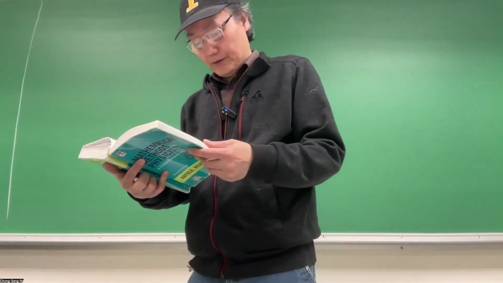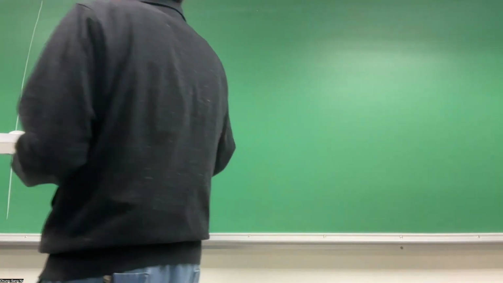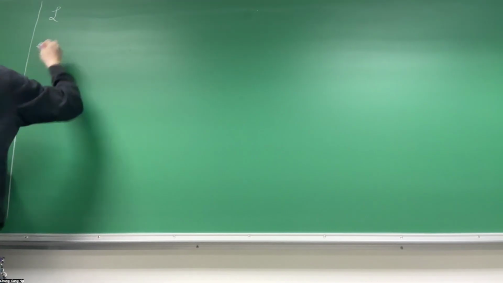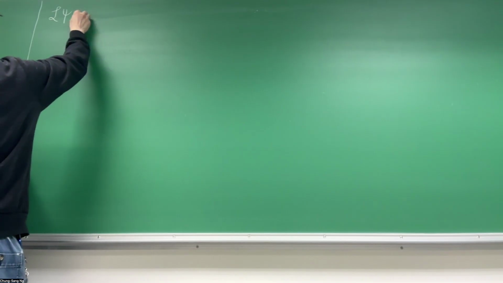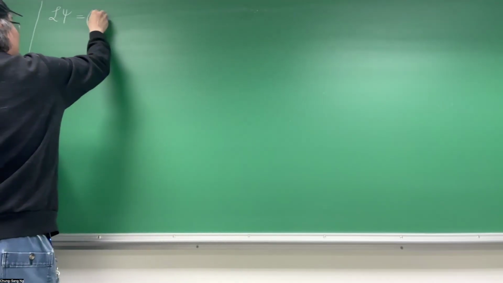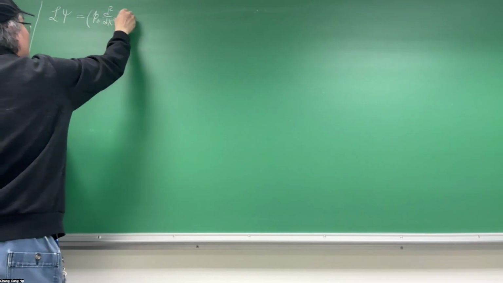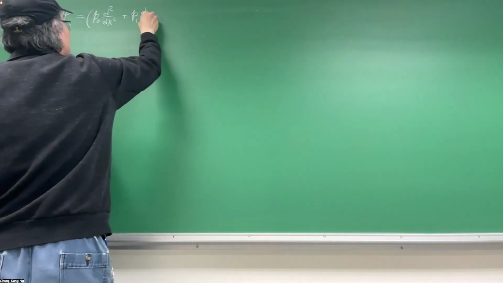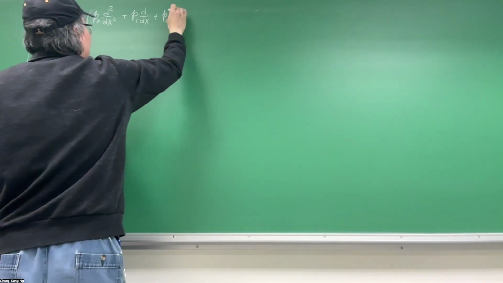When the equation satisfies the self-adjoint condition, the operator is L acting on psi, and this L operator is P sub 0 d squared dx squared plus P sub 1 d dx plus P sub 2, then nothing.